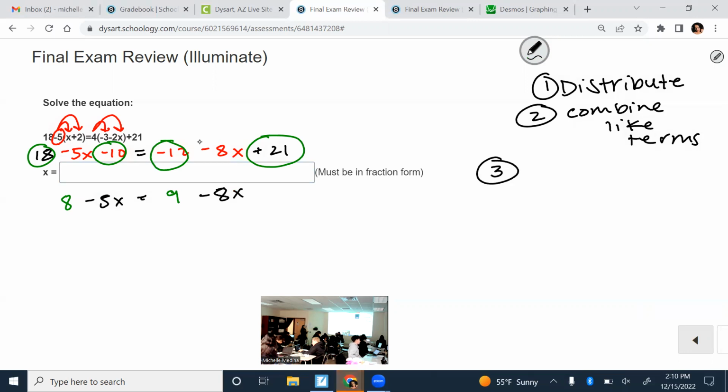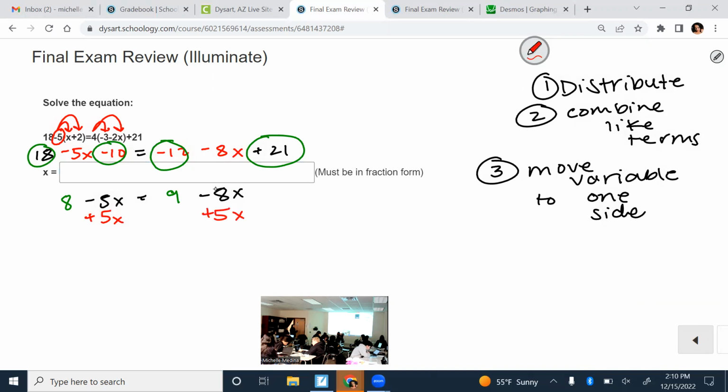Now the next step would be to move the variable to one side. Does it matter what side you move it to? No. Which one do you want to move? -5x. How do you move it? Plus 5x. And whatever you do on one side of the equal sign, you do to the other.